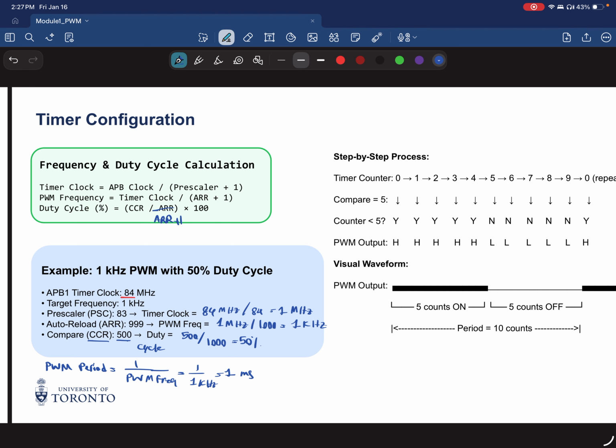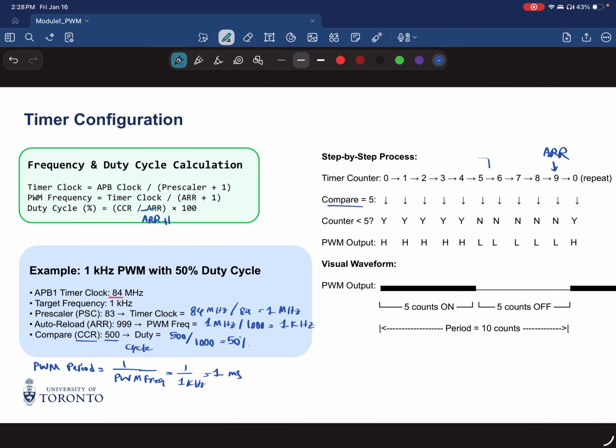And we can see this here, like 1/100th of it here. If our ARR is 9, and then the compare value is 5, set as here.